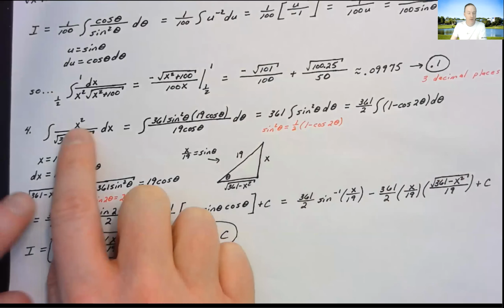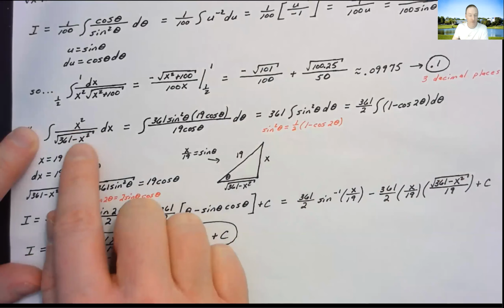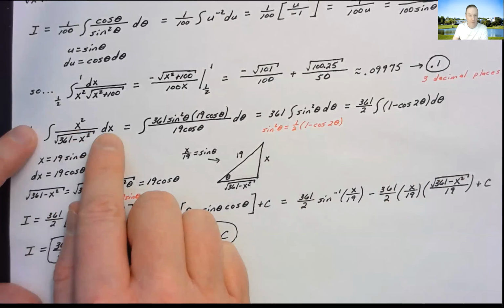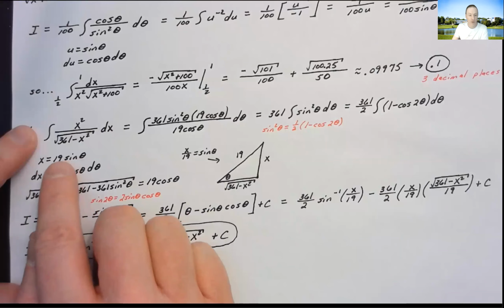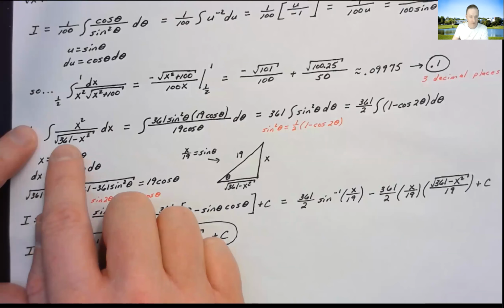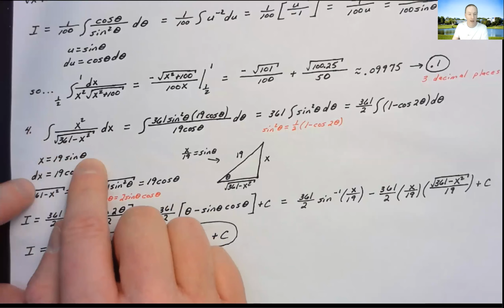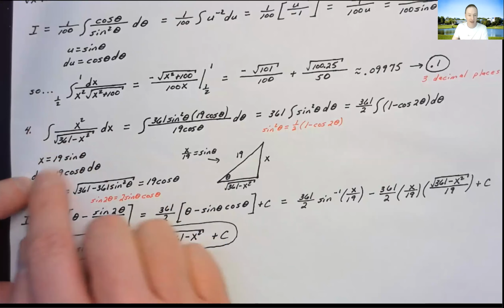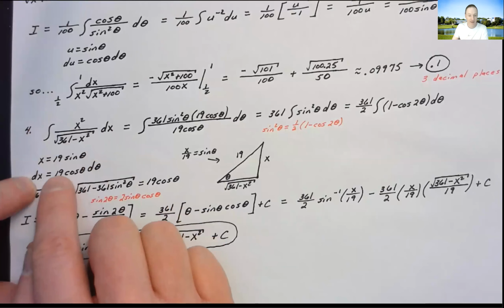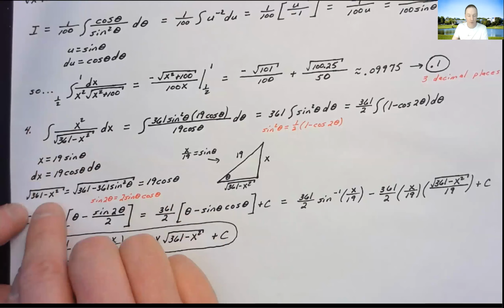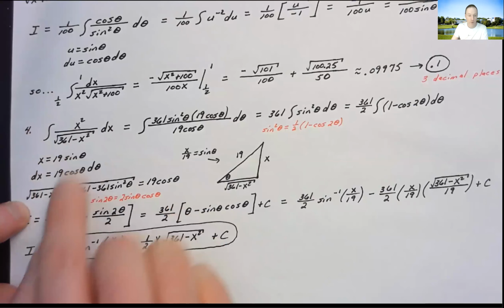Nice. So we have the integral of x squared over the square root of 361 minus x squared, integrated with respect to x. I let x equal a sine theta. A is just the square root of that number, 19 sine theta. Good things should happen now. Well, dx, the derivative of 19 sine theta, is 19 cosine theta with respect to theta. Then let's figure out what that square root is.